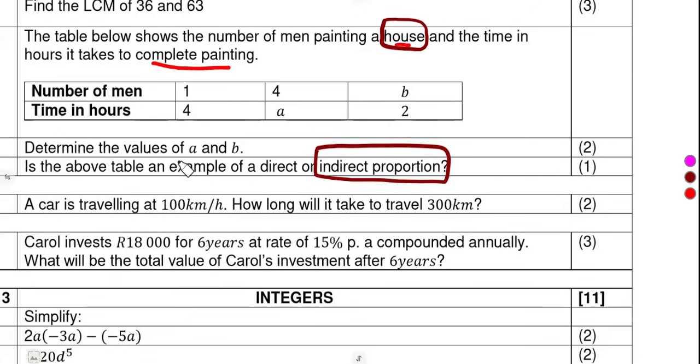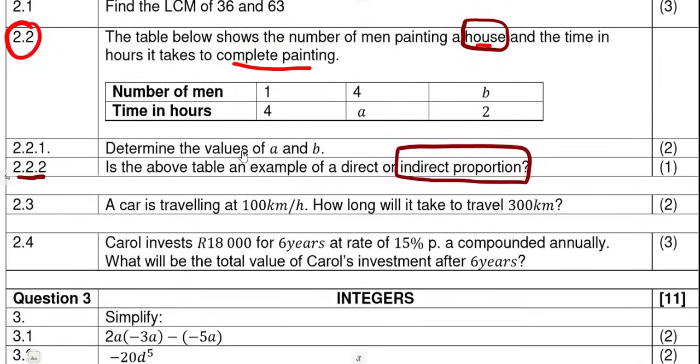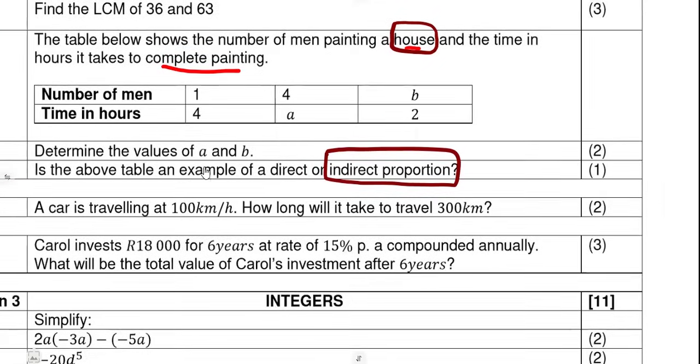So how do we calculate? Because the question here was to determine the values of A and B. So you know, guys, I talked about this on indirect proportion. When you are already given a table like this, remember that the constant, because we said it's indirect, the constant is equal to the product of the variables.